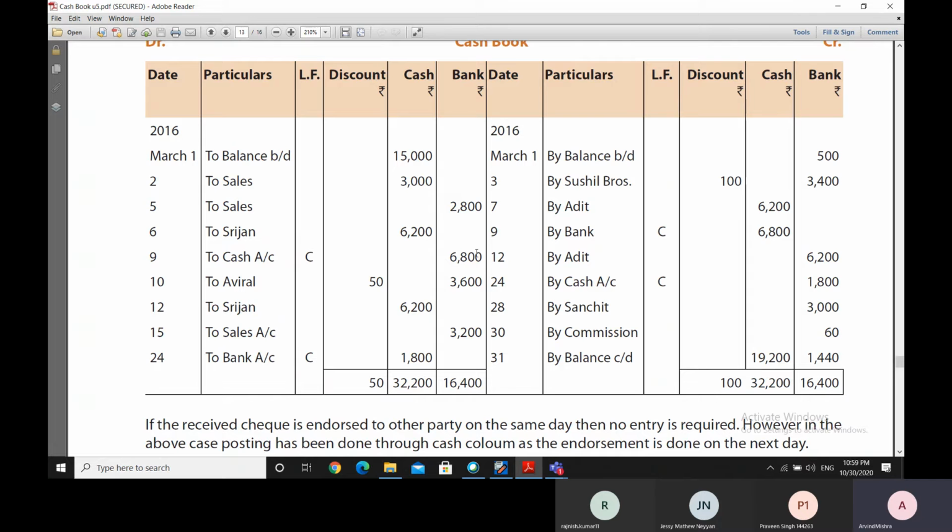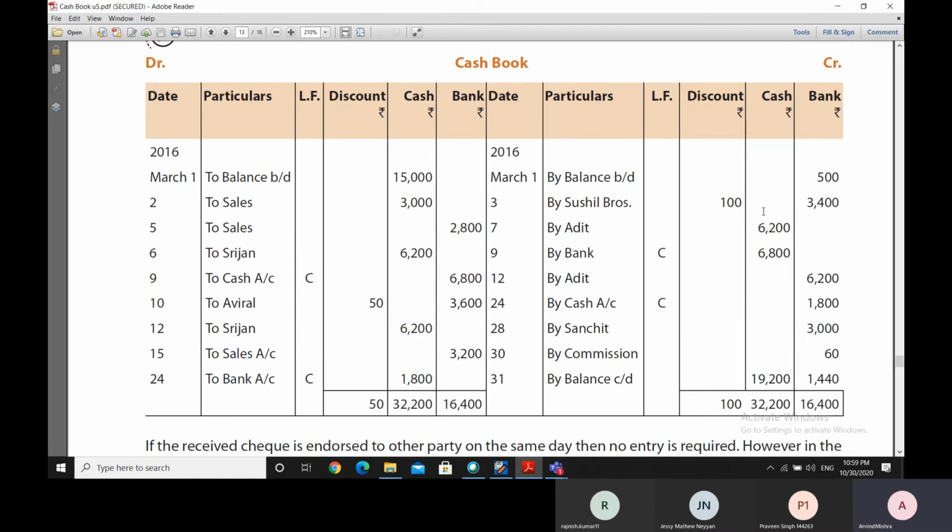How is this payment being made? We received a check from Srijan. When we received a check from Srijan, we entered it in the cash column. Then we endorsed this check to Adit, and therefore in here we made an entry to Adit because we have endorsed this check to Adit, and it is still a cash entry because Adit has not paid it into the bank so far. So therefore, 6,200 rupees is a cash payment, although it is an endorsed check payment to Adit.